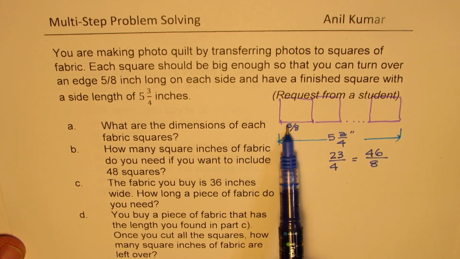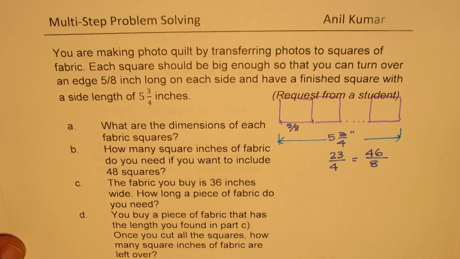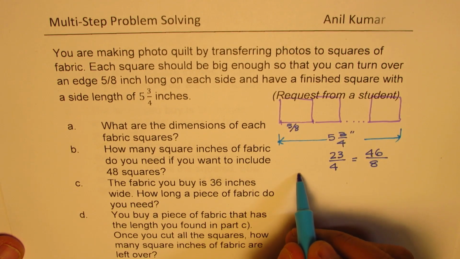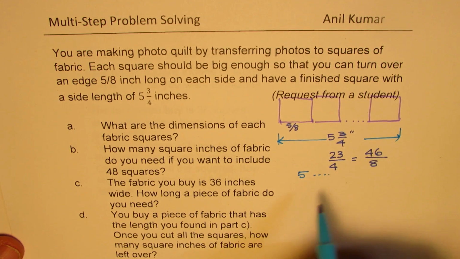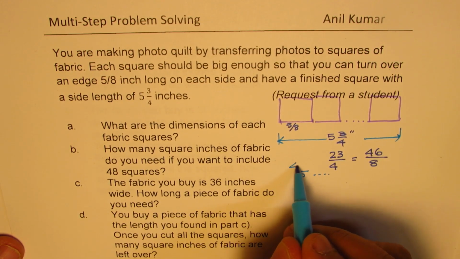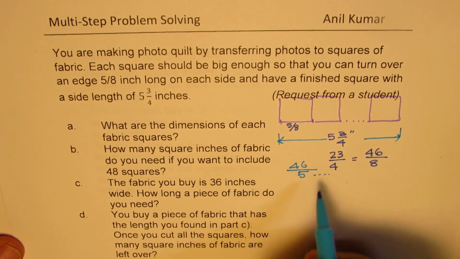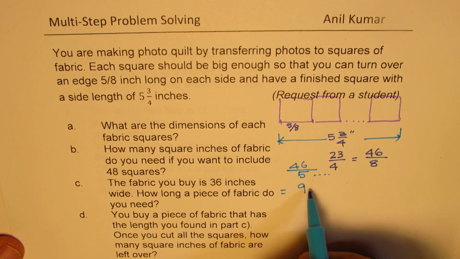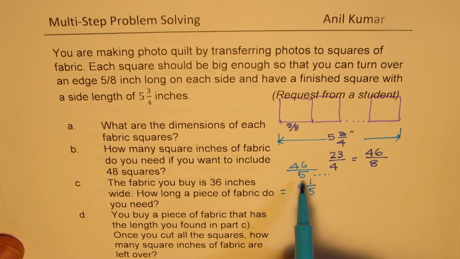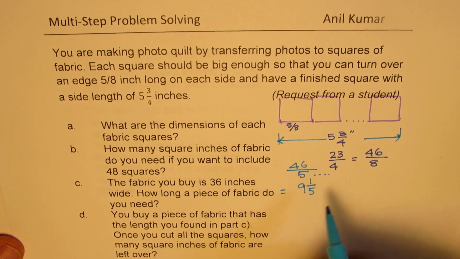Now, how many 5s can get into 46? That is what you have to look into, right? So let's divide 46 by 5. This is equal to 9, plus one remainder, 9 1/5, correct? 9 times 5 is 45.